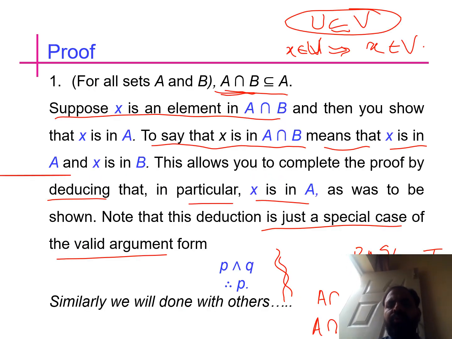Now we give the proofs of these theorems. For all sets A and B, A intersection B is a subset of A. Suppose that x is an element in A intersection B. It means that x is in A and x is in B. This allows you to complete the proof by deducing that in particular x is in A, as was to be shown.